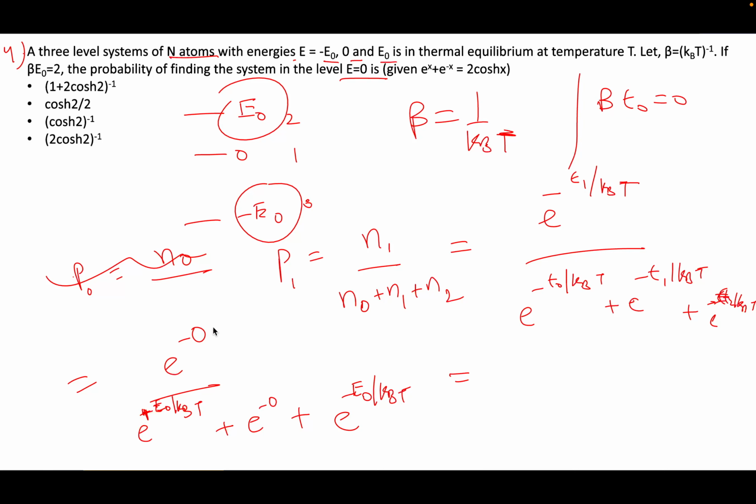So e to the power 0 is 1, and it is given that beta E naught, that is E naught by kBT, is 2. Beta E naught is equal to E naught by kBT, which is given equal to 2. So this is e to the power 2 plus 1 plus e to the power minus 2.